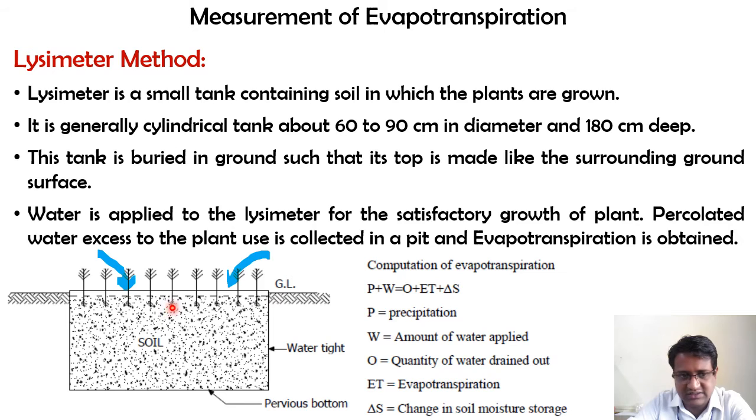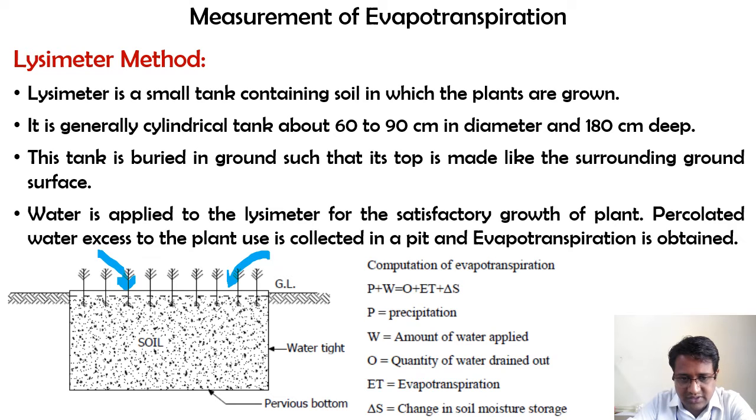The soil particles will absorb the moisture, and the air voids present in the soil will be filled up with water. The excess water beyond this limit will come down because of gravity as infiltration.